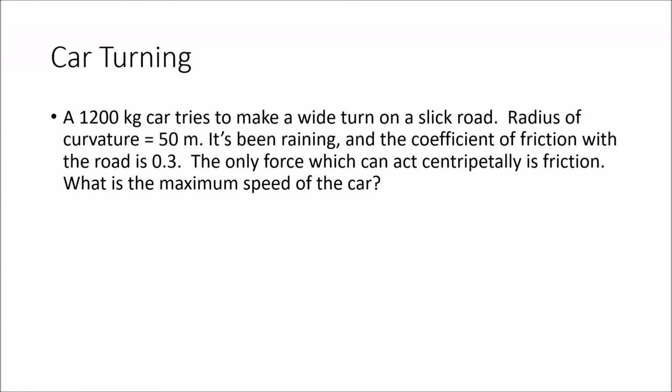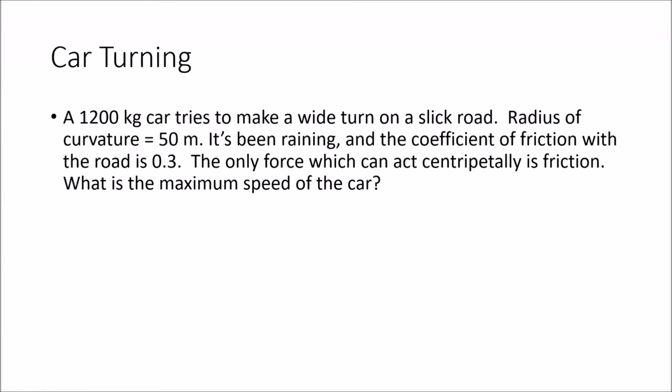We've got a 1,200 kilogram car trying to make a wide turn on a slick road. It's been raining, which it has in real life, it's been raining. The radius of curvature of this curve in the road is 50 meters. The coefficient of friction with the road is less than it usually is.